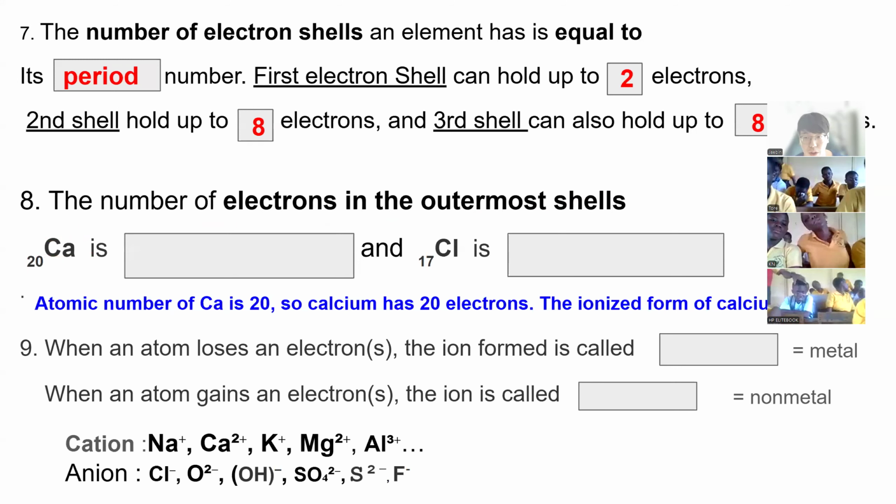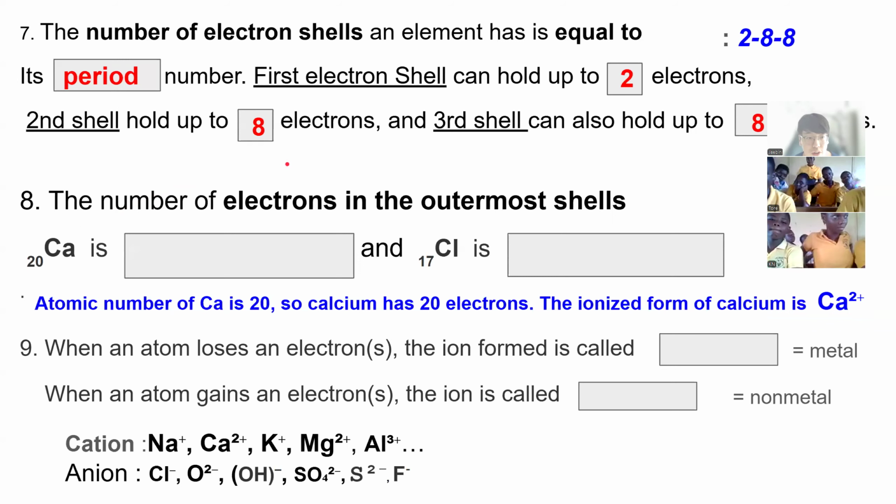This tells us that there are 20 protons and 20 electrons. So what we can do for electrons is set up the 2-8-8 and so on structure.